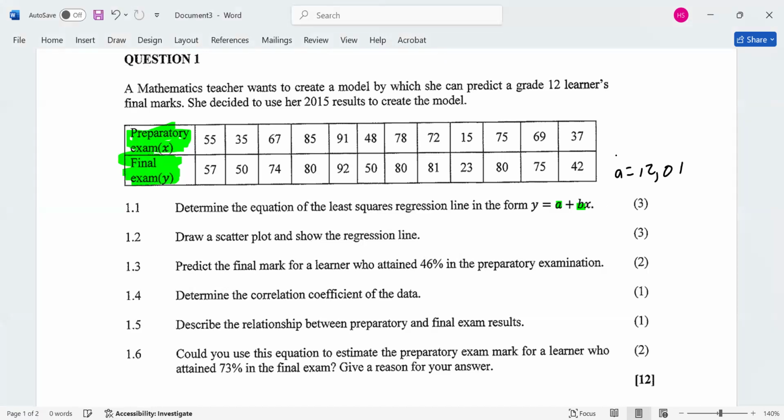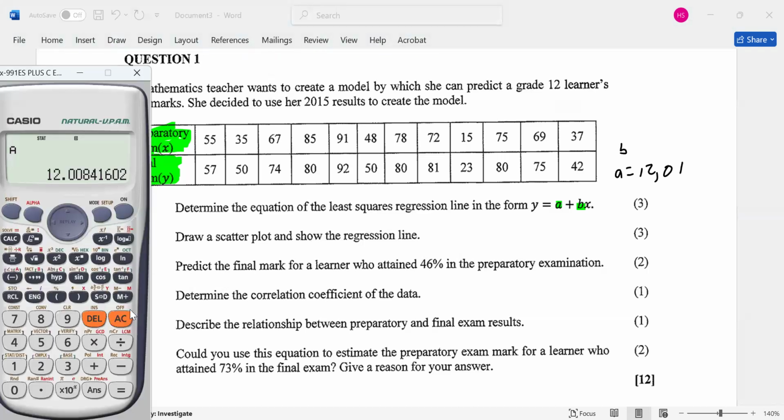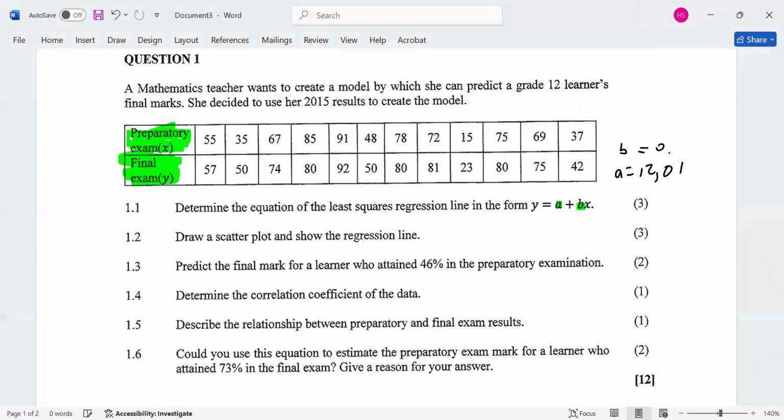What is B? AC, shift 1 again, 5, 2, equals. It is 0.88.